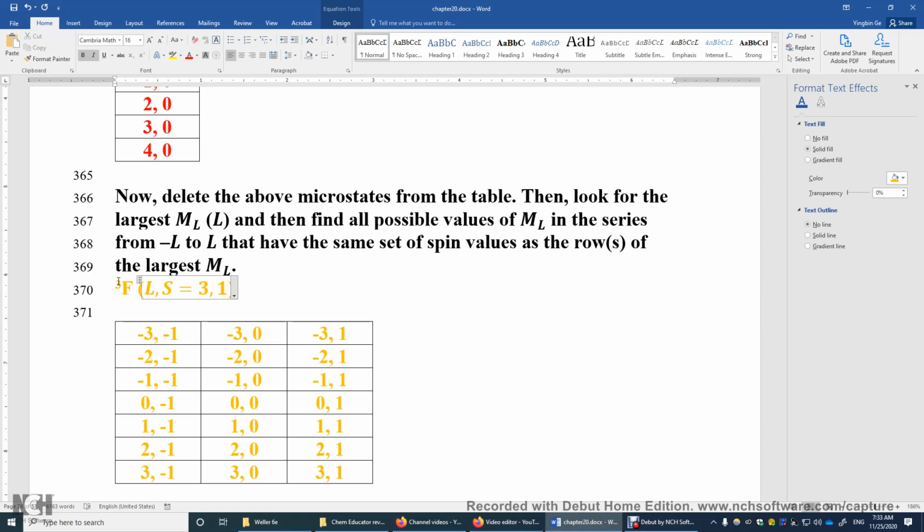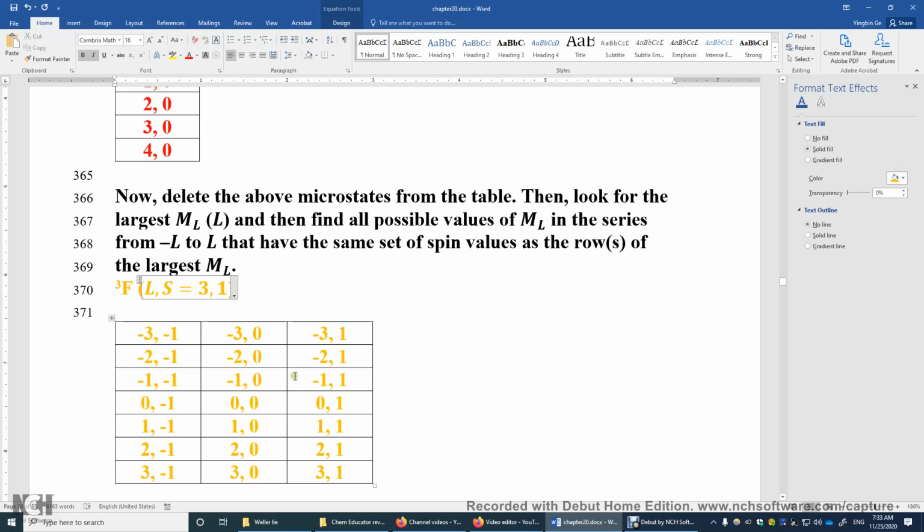Why is it a triplet? Basically, it's either alpha alpha, beta beta, or alpha beta plus beta alpha, a linear combination of alpha beta and beta alpha with a plus sign.